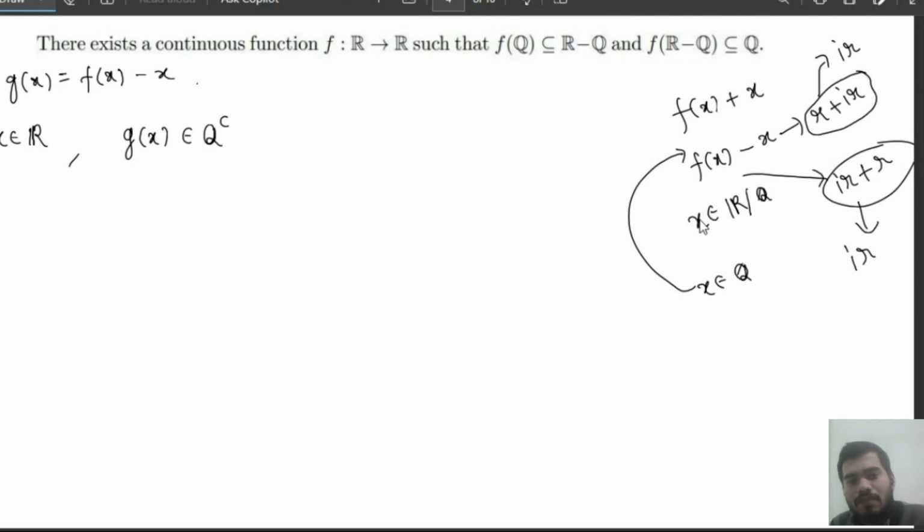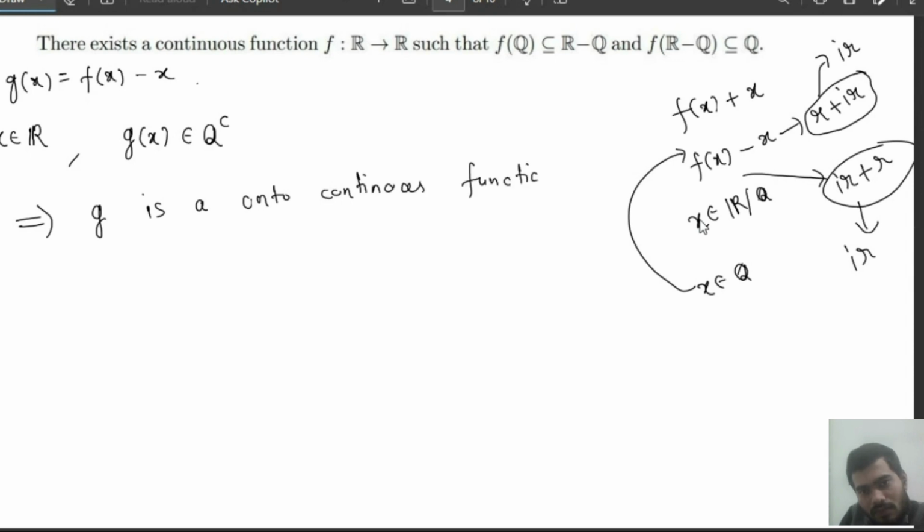Is it fine? Yes, yes. Okay. It implies that g is an onto continuous function from connected set R to a not connected set.